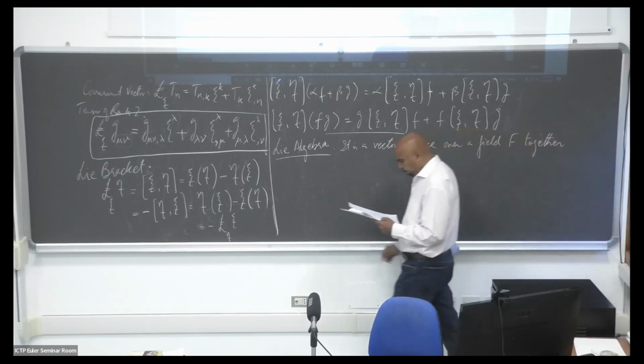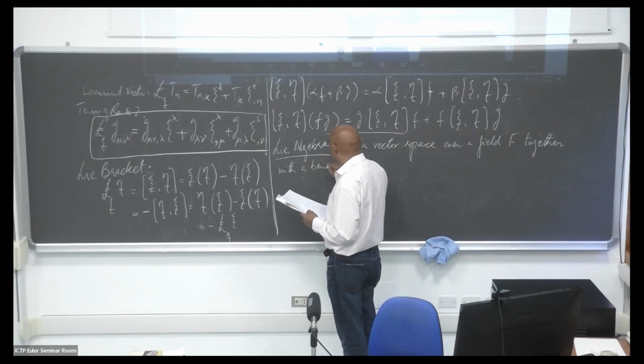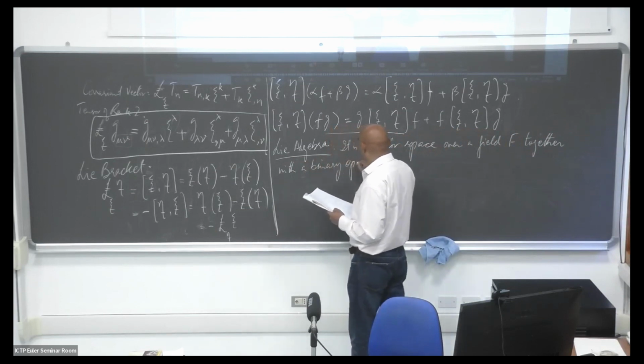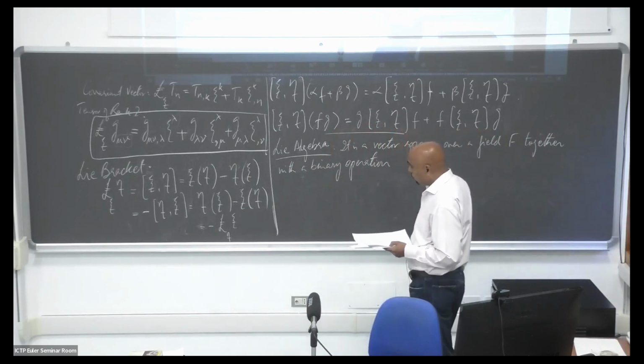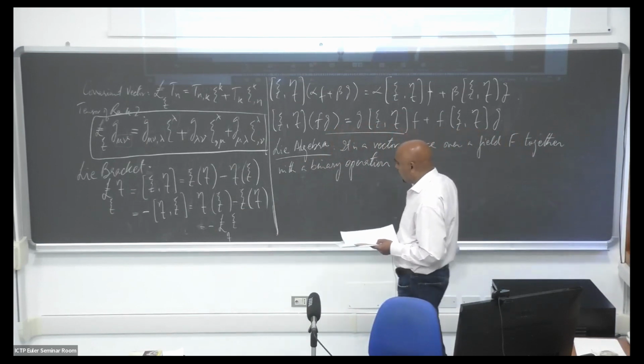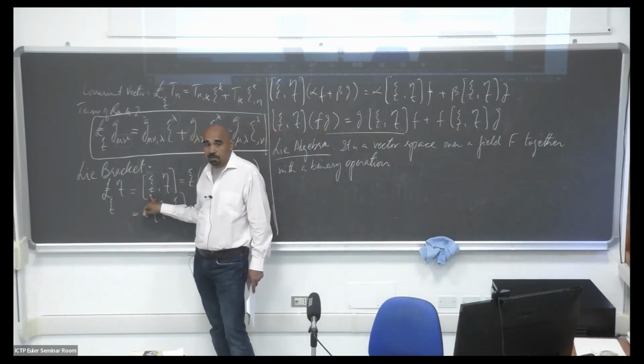together with a binary operation. I think I've already mentioned that if this Lie derivative is zero, we say these two vectors commute.